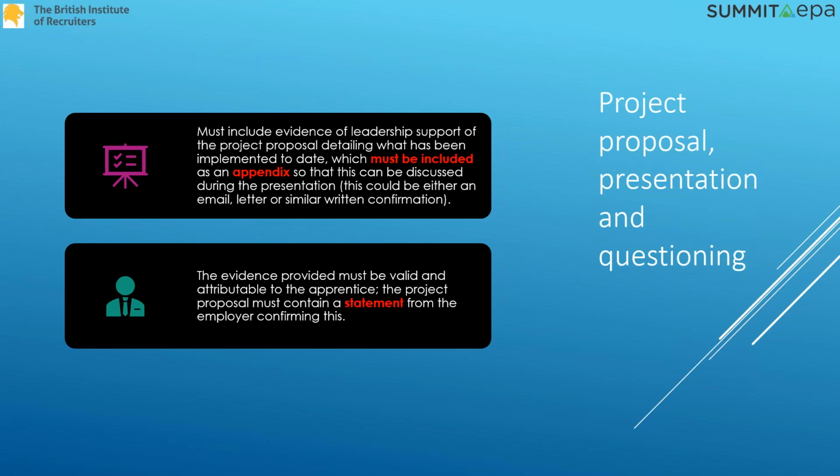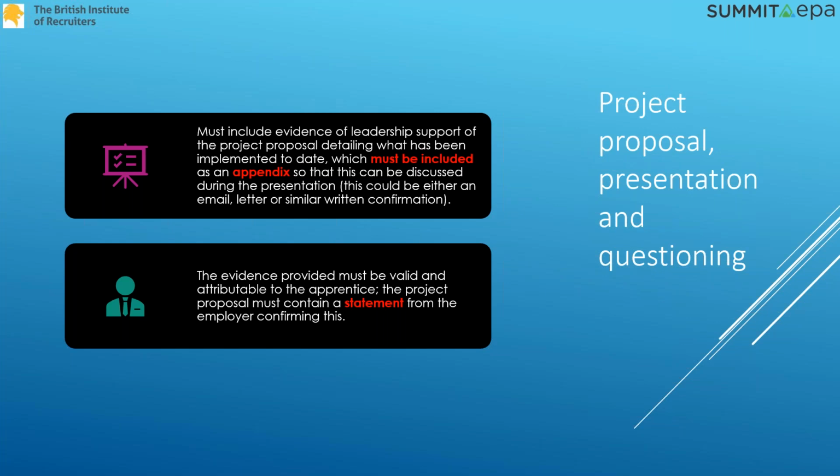Within the project proposal and the presentation and the following questioning, it must include evidence of leadership support of the project. So we're asking the person, this is a level 5 qualification, what leadership support they've been given towards that project proposal, and what has been implemented to date, which must be included as an appendix so it can be discussed during that presentation.